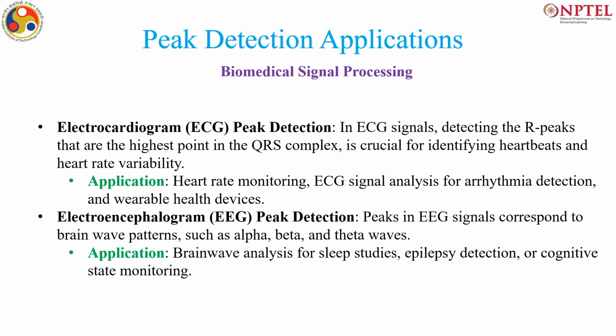In biomedical signals, peak detection has a lot of applications. In ECG signals, for example, there are R peaks in the QRS complex, which is the highest point in the QRS complex, and the detection of the R peaks helps one analyze the heartbeats and important parameters like heart rate variability.